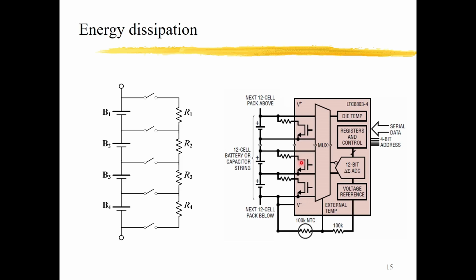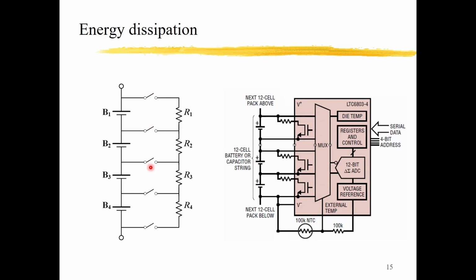Okay, how to implement the energy dissipation? It's easy. We just connect the resistors to the battery. Okay, connect resistors to the battery, but there are still switches there to actively control the dissipation of the resistors.